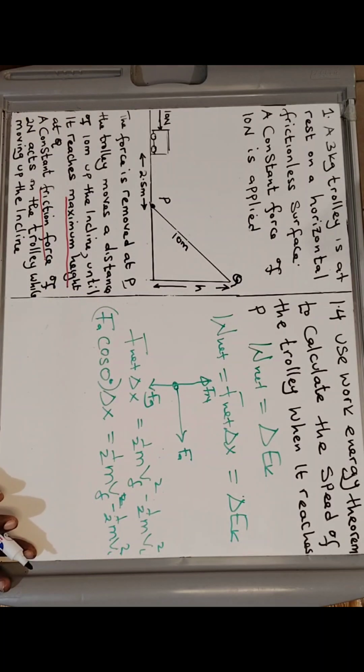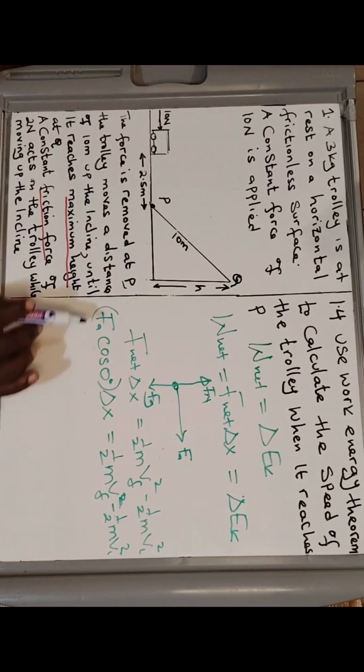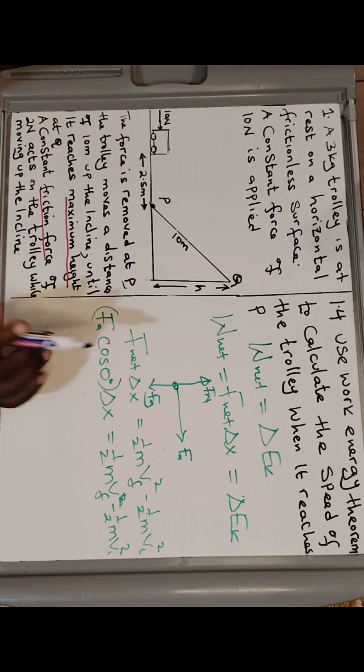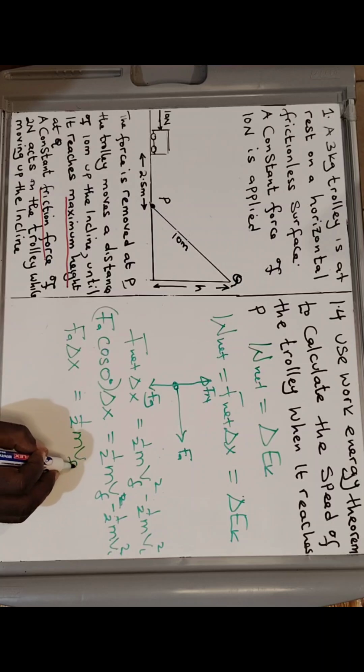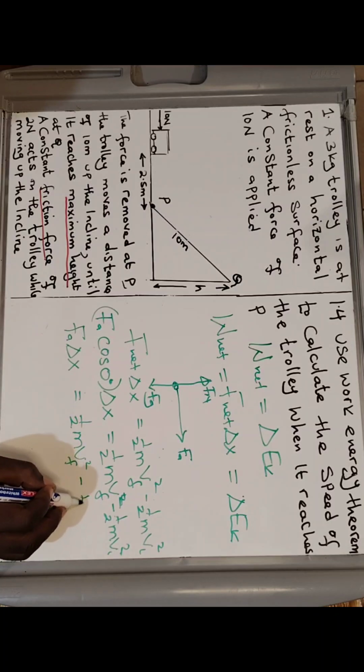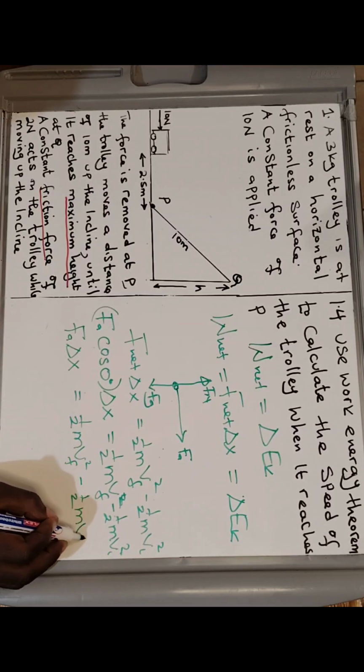This is the case we are having at the moment, and everybody knows that cos 0 is 1. So we are going to have that the applied force multiplied by delta x is going to give us the change in kinetic energy.